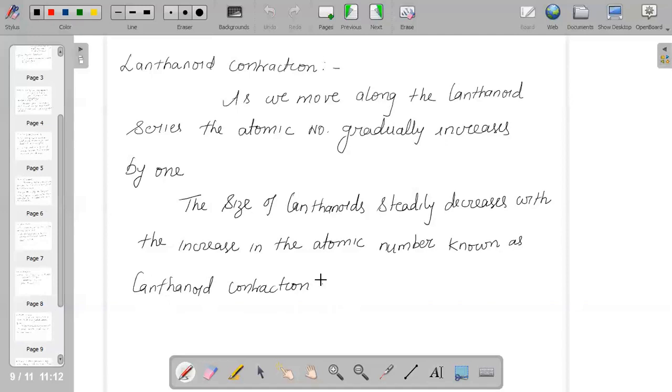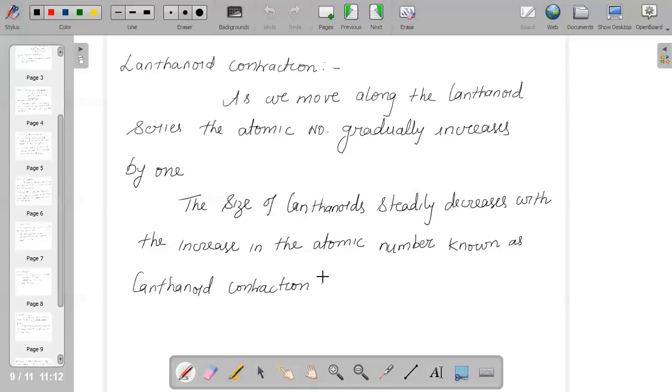So we could say that lanthanoid contraction means there is a similarity in properties of the second and third transition series, as there is a decrease in size with increase in atomic number. The size of the lanthanoids steadily decreases with the increase in atomic number, and that is what we call lanthanoid contraction, the most important question frequently asked from F block.